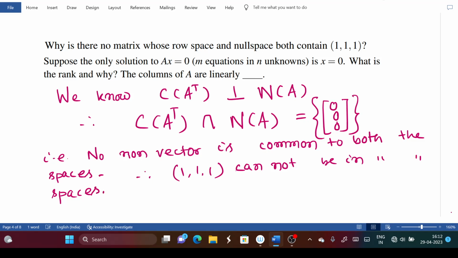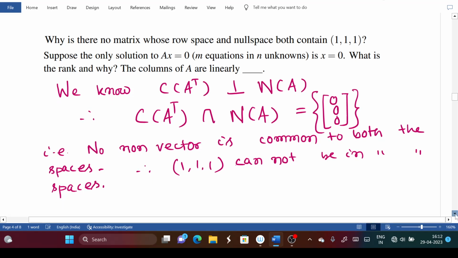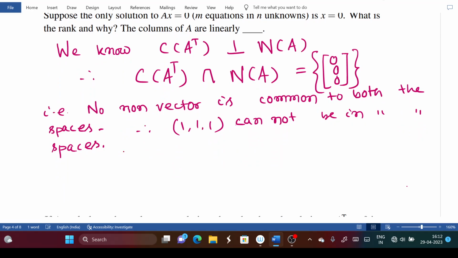Second part, suppose the only solution of Ax equal to 0, that is m equations n unknowns, is the 0 vector. What is the rank and why? Next, A is having m rows, n columns.